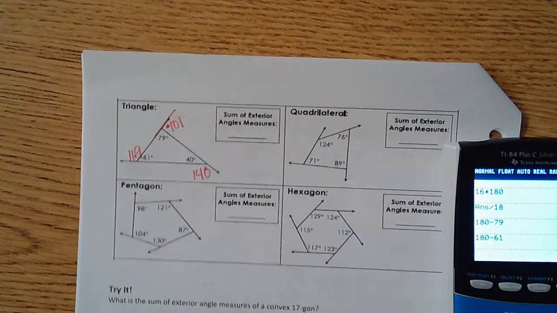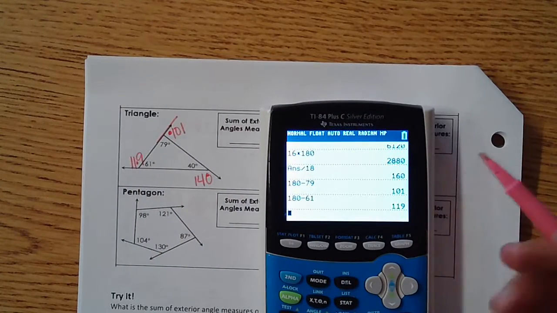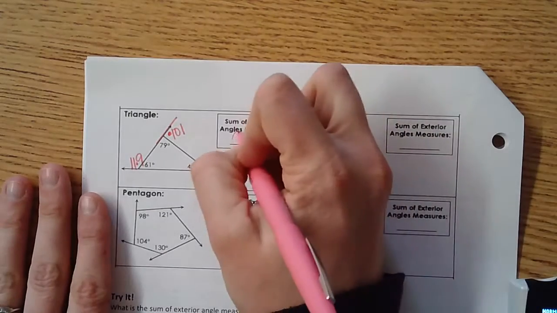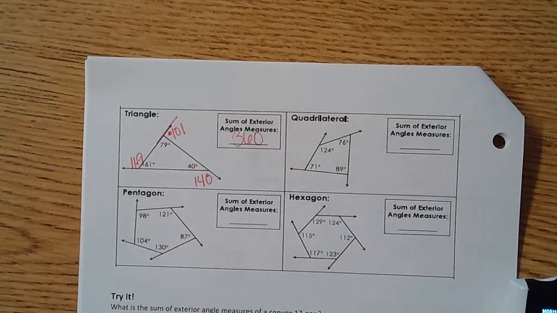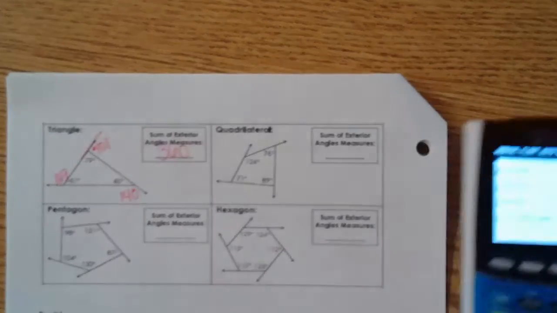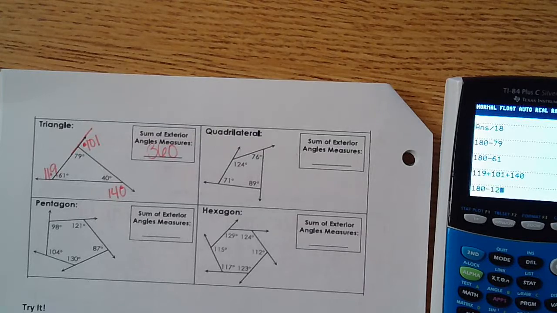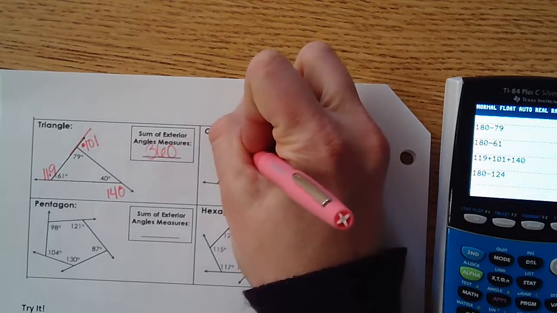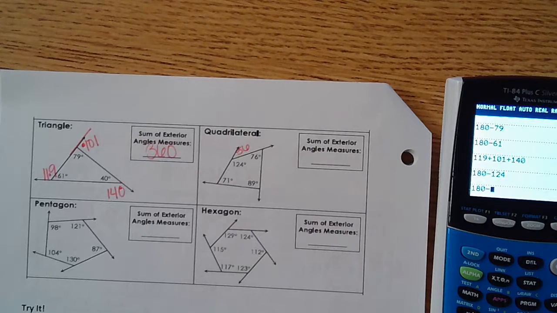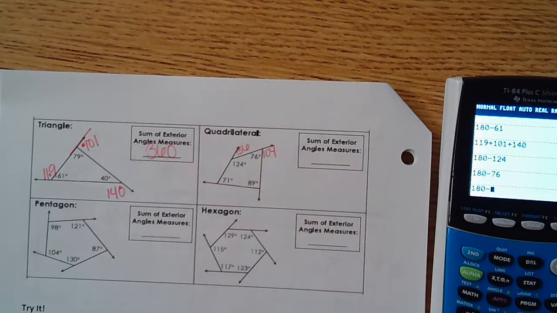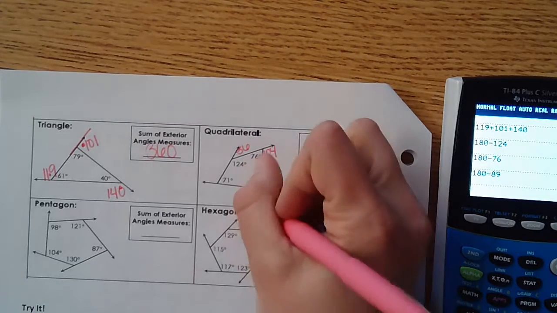So what is the sum of the exterior angles in this triangle? Is it going to be 180 like the inside? Well, let's check it out. 119 plus 101 plus 140 is 360 degrees. So now let's try a quadrilateral. We'll find all these exterior angle measures. 180 minus 124 is 56. 180 minus 76. 180 minus 89, 91.